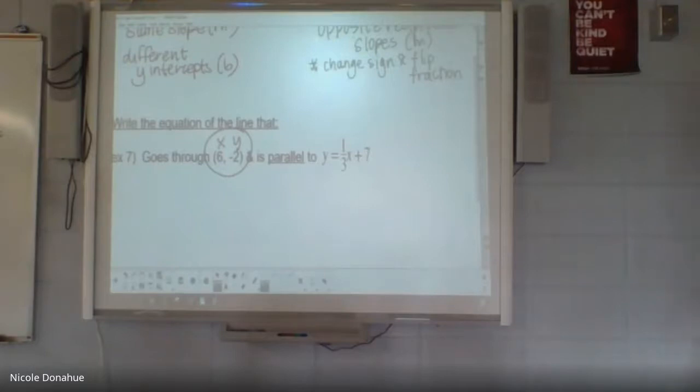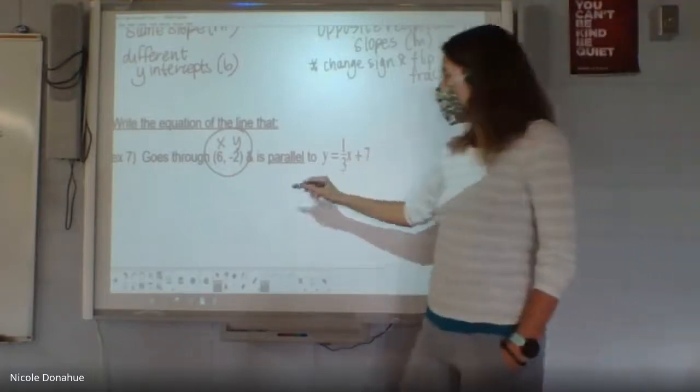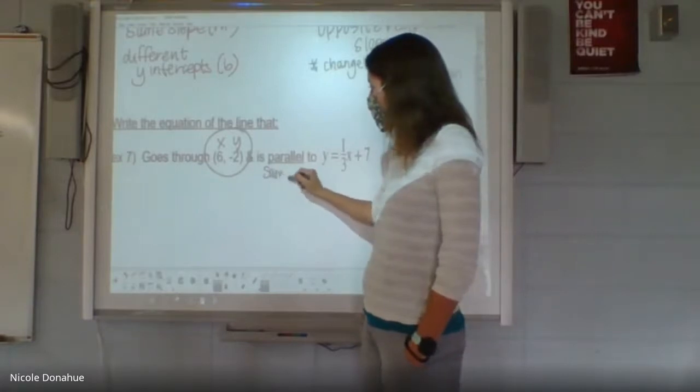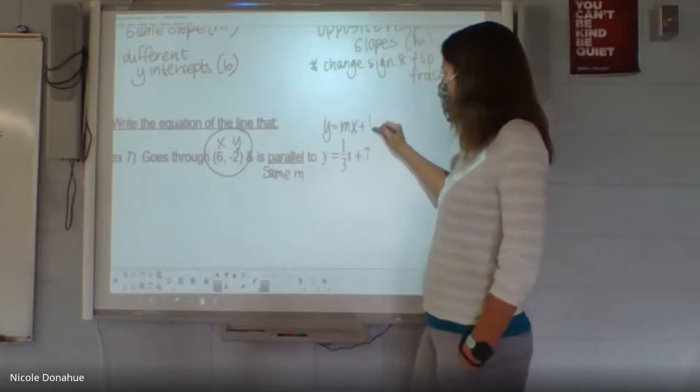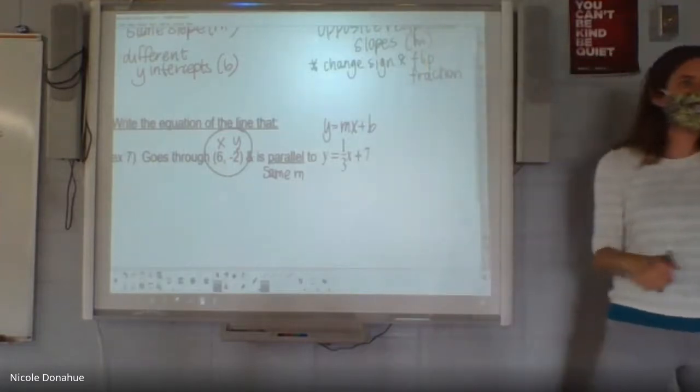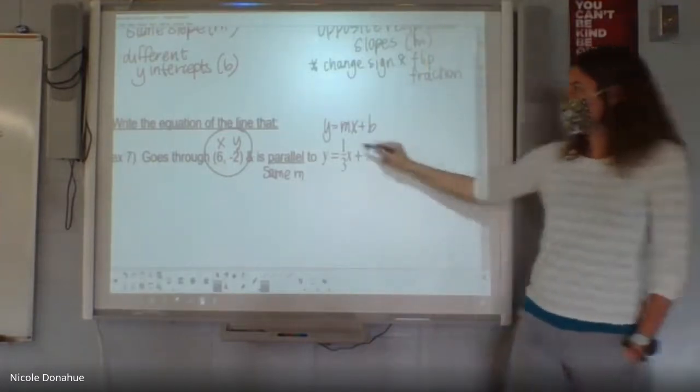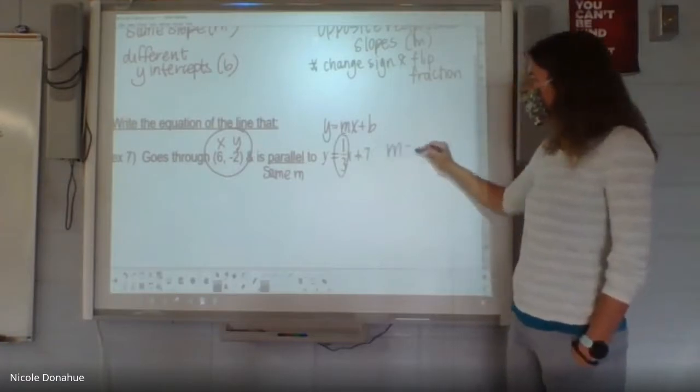Yeah, we can take the slope. Our slope should be the same as this one. Parallel is same slope. So if I have y = mx + b, I should already know my slope. What's my slope? 1/3.